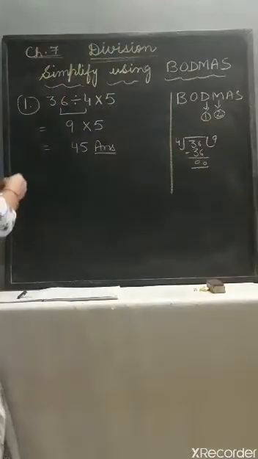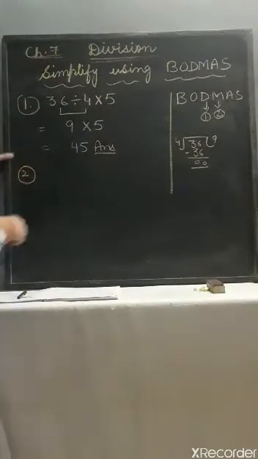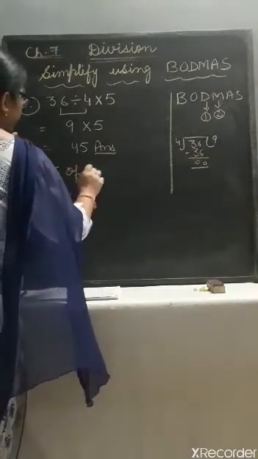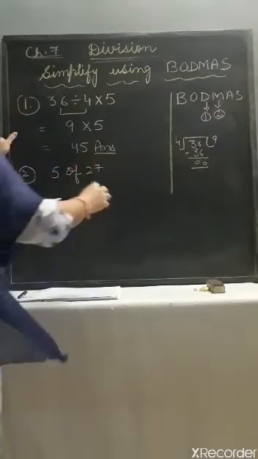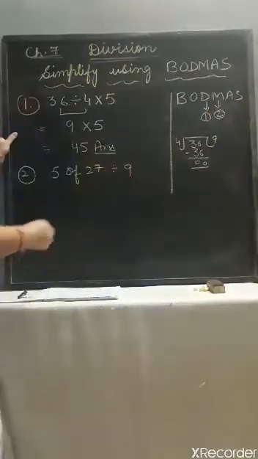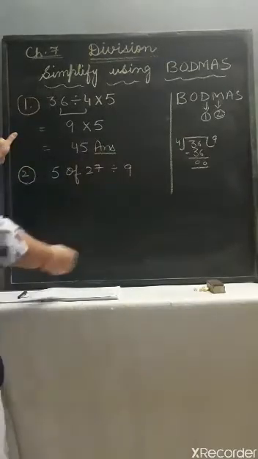Let us take one more example. 5 of 27 divided by 9. Here we are having of and divide.